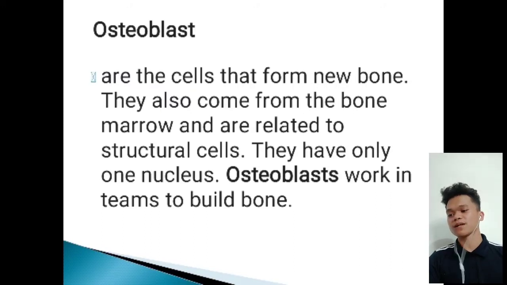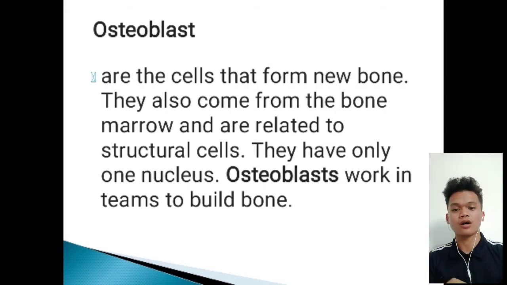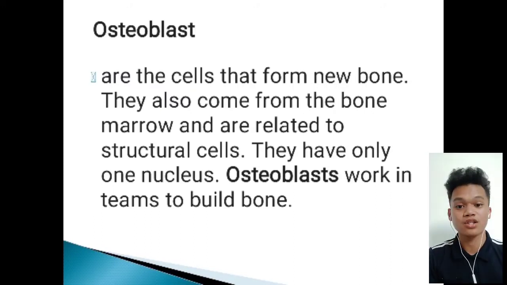is a large cell responsible for synthesis and mineralization. So the way we exercise, our osteoblasts will produce calcium, that is, mineralization. It gives minerals to our bone during initial bone formation.